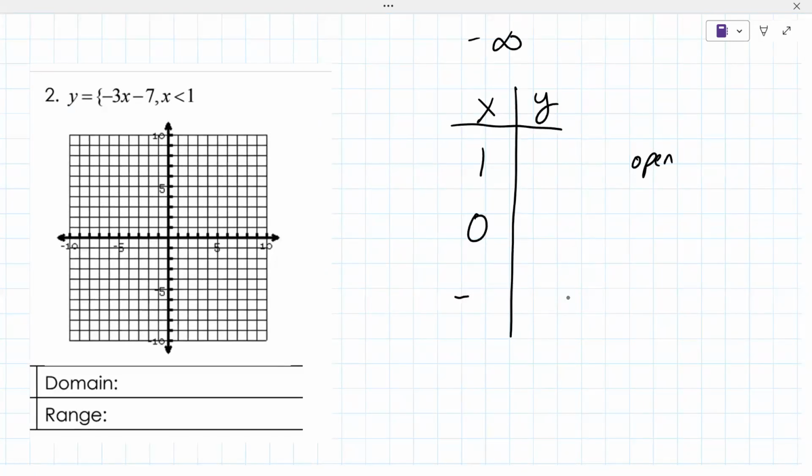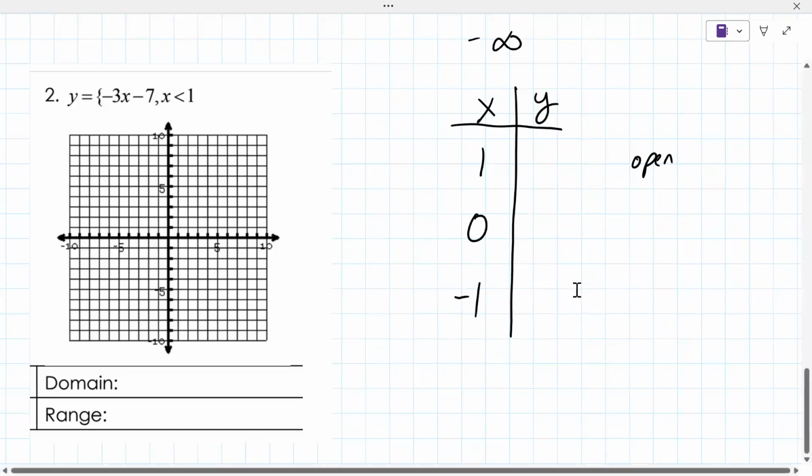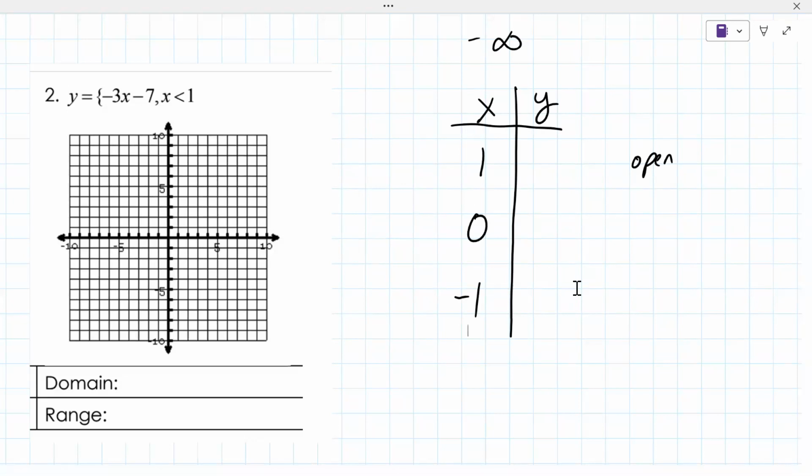And then you got to pick values less than 1. I got -10 for 1.